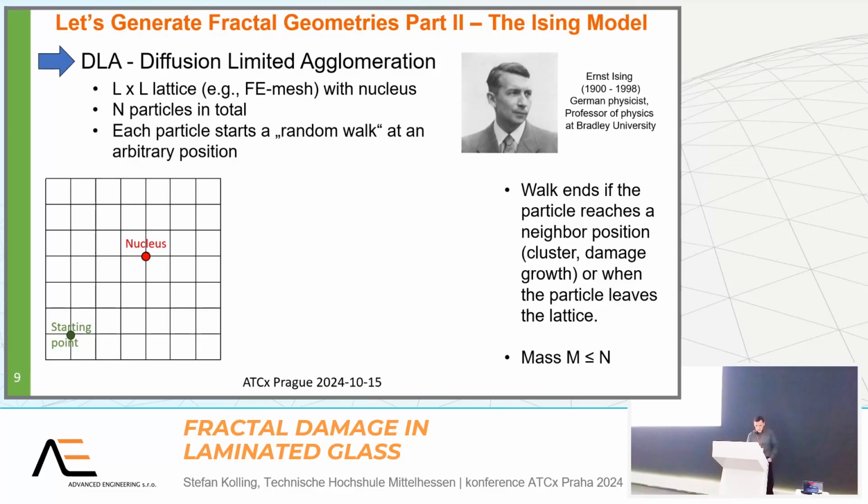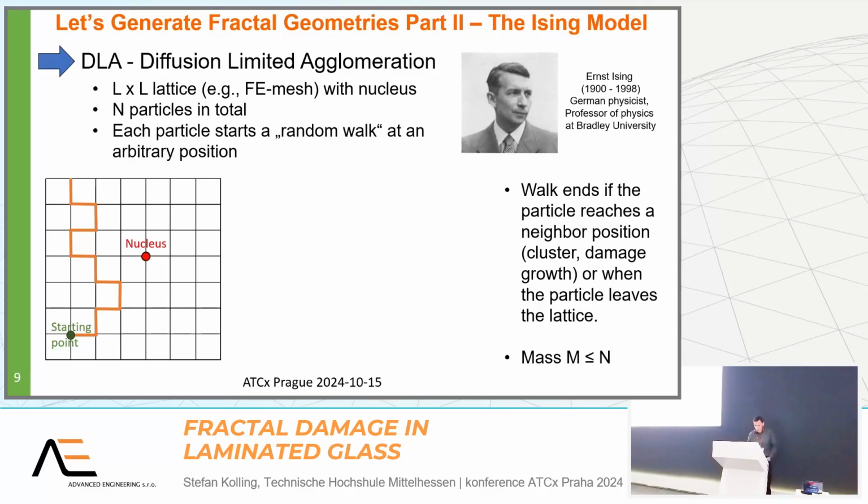So again, an L times L lattice, which can also be a finite element mesh, with a nucleus at any grid point, and we have a starting point so that we can now do a random walk, and then two things can happen. The walk ends if the particle reaches either a neighbor position of the nucleus or when the particle leaves the lattice.